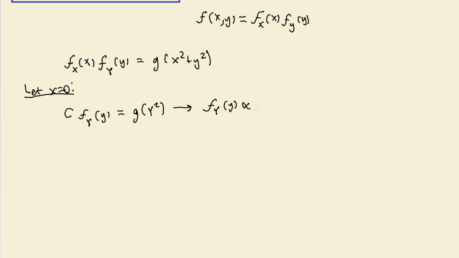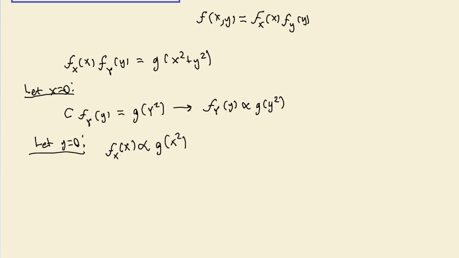This is going to be proportional to some function involving y squared. And similarly, if we are to let y equal 0, then what we will find is that the marginal probability density function for x is going to be proportional to that same function involving x squared.